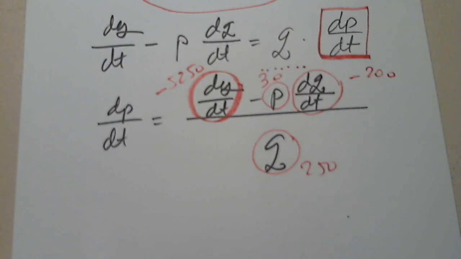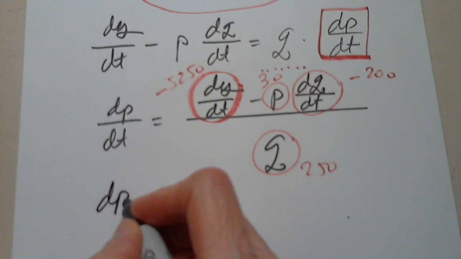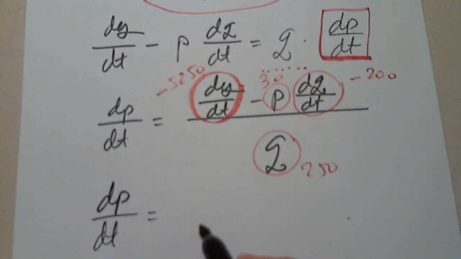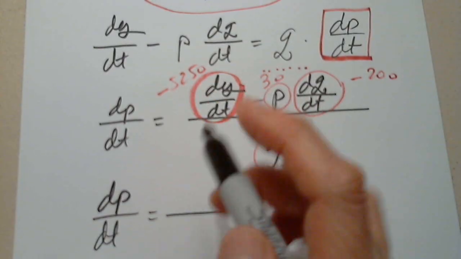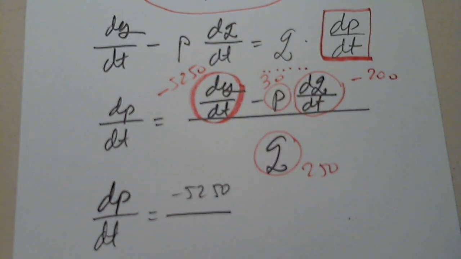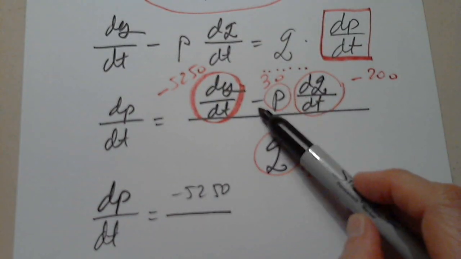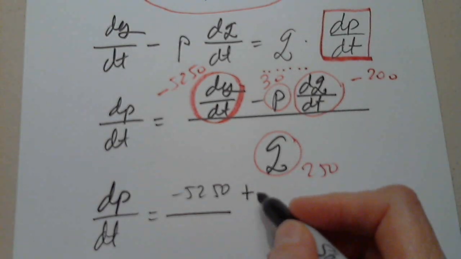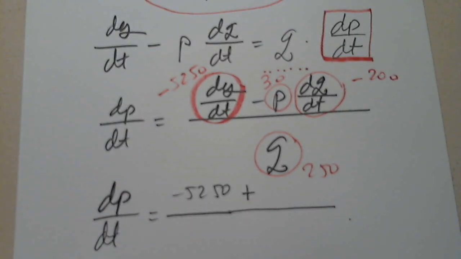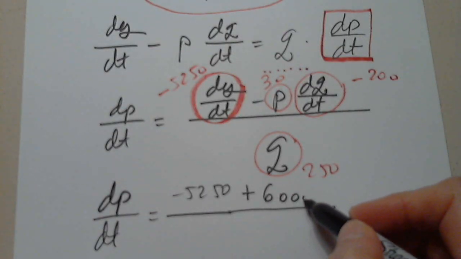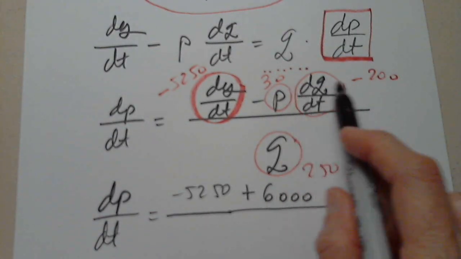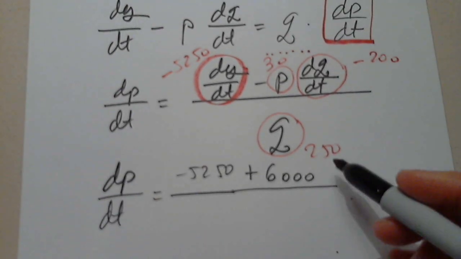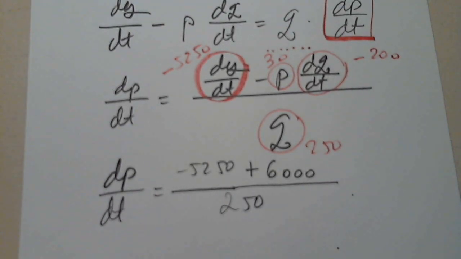Okay. So I continue with the calculation as dp over dt equals negative 5250. But here I have negative 30 multiplied by negative 200. So this will be a positive number. And it's 6,000. 3 times 2 and then 3 zeros. And everything divided by 250.